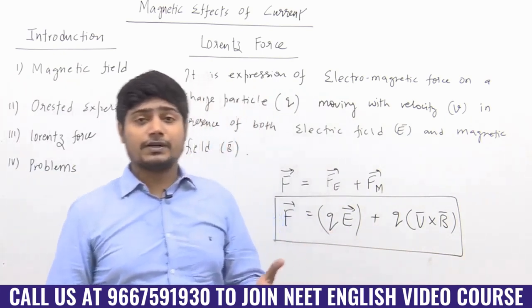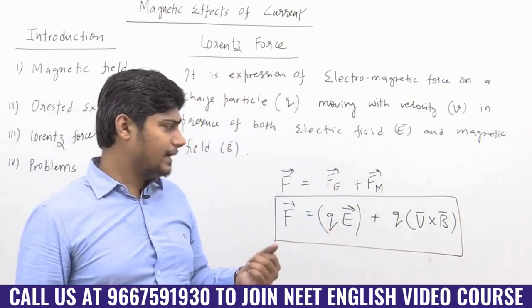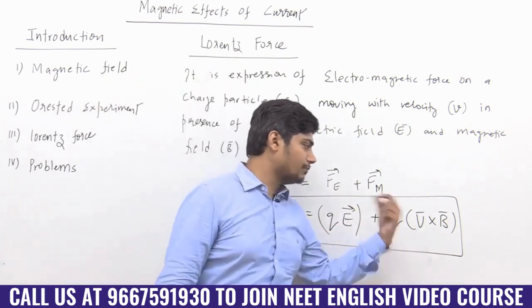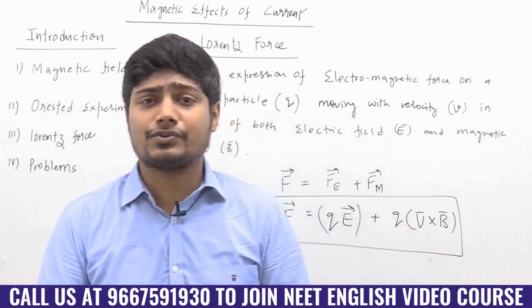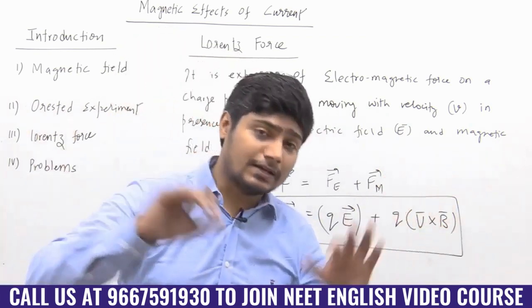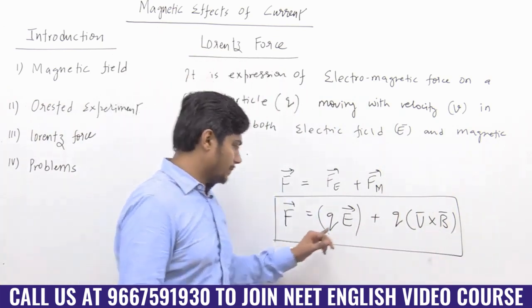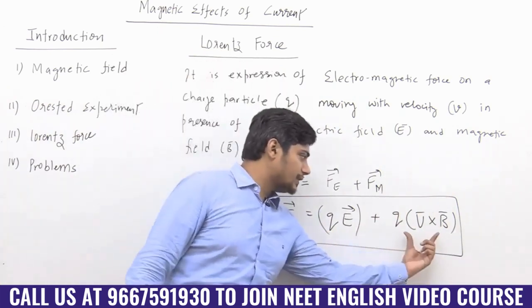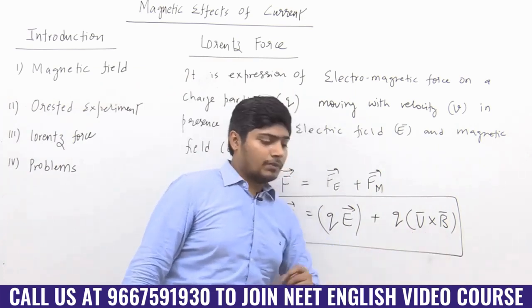We have seen the motion of charge in electrostatic force. We have calculated so many electric fields, but right now we will focus on the second component, that is magnetic force. Although I will take few questions in which we also consider the electrostatic force in problems, but the main focus will be to study this expression, which is V cross B.